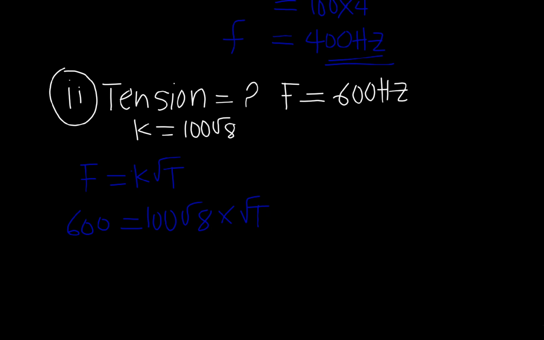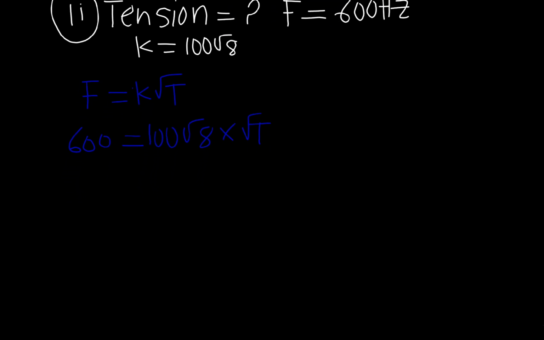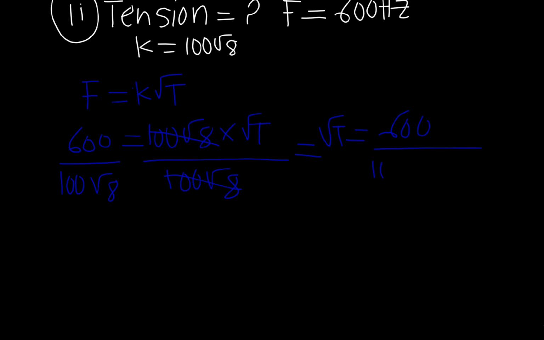And so what we'll do next is we divide all through. In order to isolate the root T, we divide all through by 100 root 8 over 100 root 8. This would cancel this here. I will be left with root T equals 600 over 100 root 8.